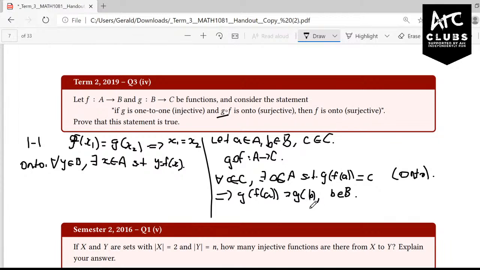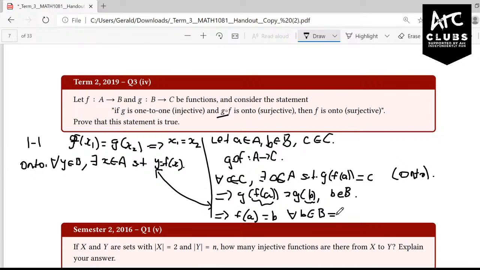Okay, so from here, because we know that G is 1 to 1, that means this element here must be the same as this element here. And so what that means is that f of a must be equal to b for every b in B. But then what we know here is that this is just the same as the definition of onto.